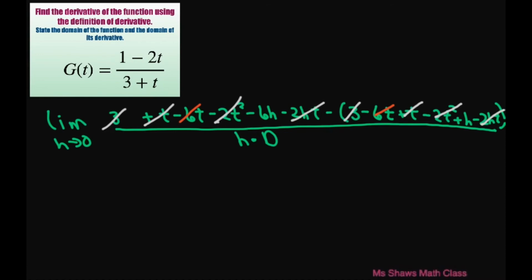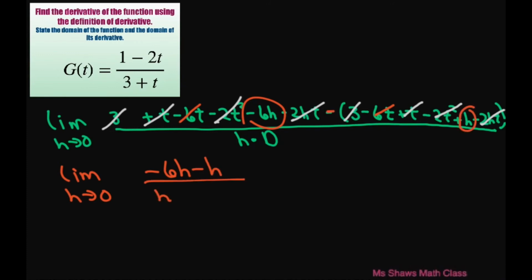All right. So what we're going to get is the limit as h approaches 0. We still have this negative 6h, and then we have this minus h here, and then we have h, and I'm going to go ahead and write our denominator now. Our denominator was 3 plus t plus h times 3 plus t.